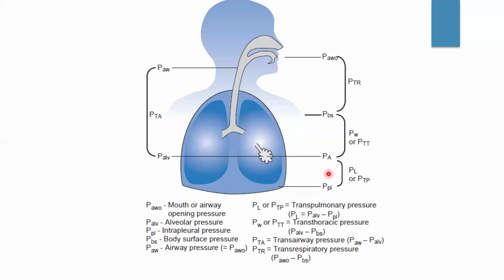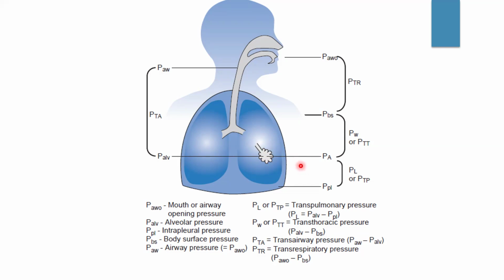If it is positive, what does it mean? The alveoli will expand. That is, pressure inside minus outside will be positive, meaning it will expand. If it is negative, what will happen? The alveoli will collapse. So what we are aiming for in ventilation is keeping a positive transpulmonary pressure. So this is the transpulmonary pressure.